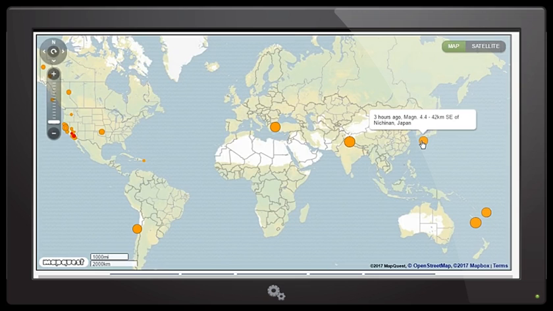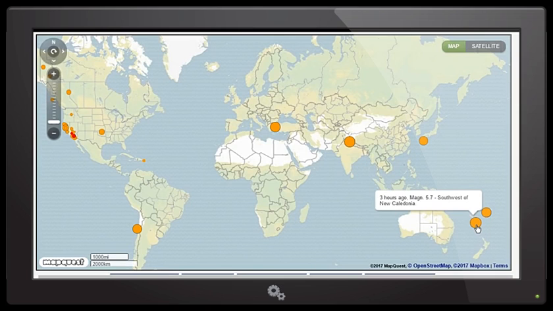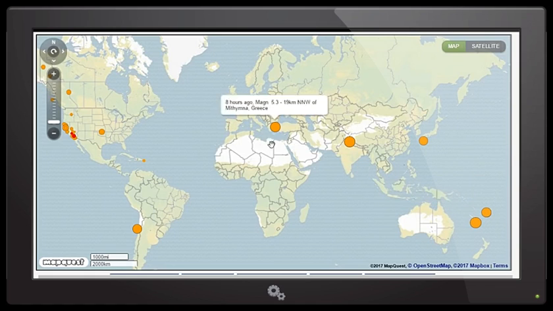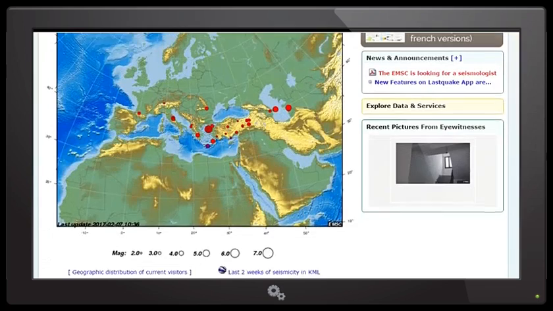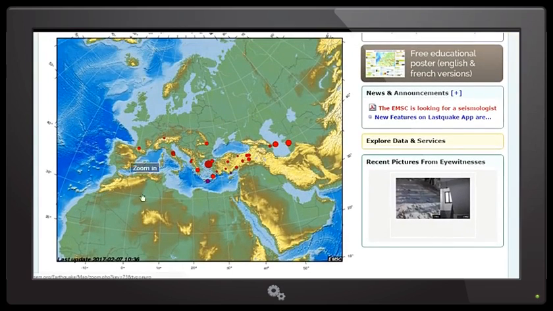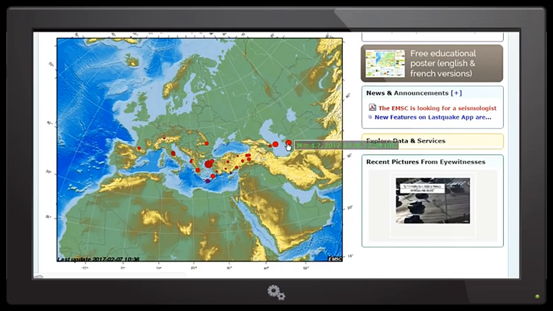Here's a low 4.4 over in Japan, but then you move down to the South Pacific area, 5.7, and then another one, 5.1. Again, folks, all of these earthquakes are not on this particular map. We can go over to the European map and show you what exactly is going on. This is a 24-hour period right now in Europe, and you can see 4.7, 4.5.